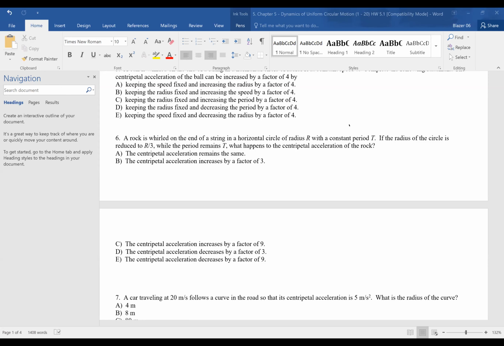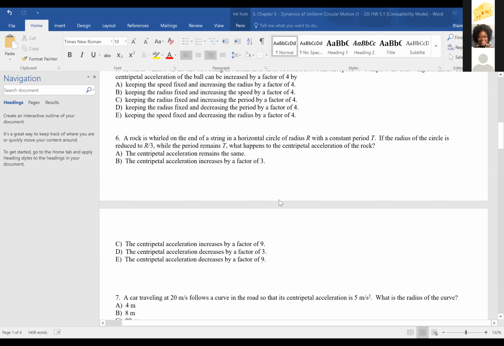Let me try to clear all drawings, and I'm trying to get back to the problem, but for some reason it's not letting me do that. Let me see. What do you all see right now? Do you all see 5.2? No, I see the homework problems too. Oh, but I don't see that though. Hold on. I don't see what you see. Give me a minute. Hold on, I'm stuck. Let me stop sharing. Okay. Let me try again.